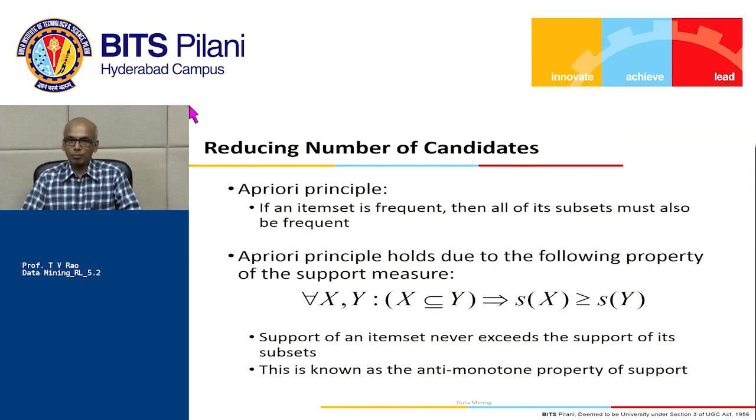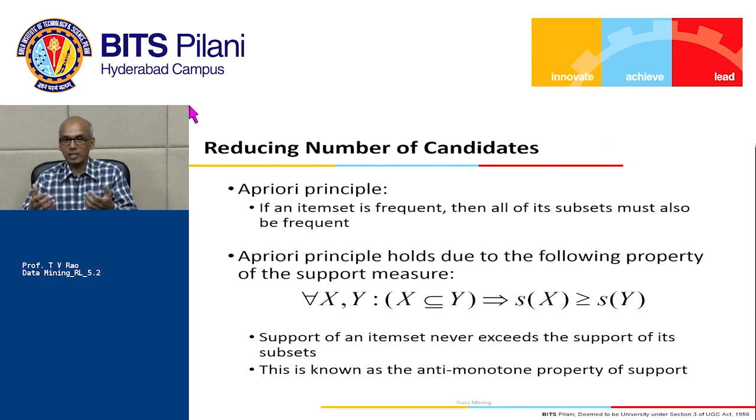One of the principles that we can apply to improve the process of finding frequent item sets is the Apriori principle. It's very simple. It says that if an item set is frequent, then all its subsets will also be frequent. It is as good as saying that if there are many transactions which contain bread and milk, there will be many transactions based on some support level.